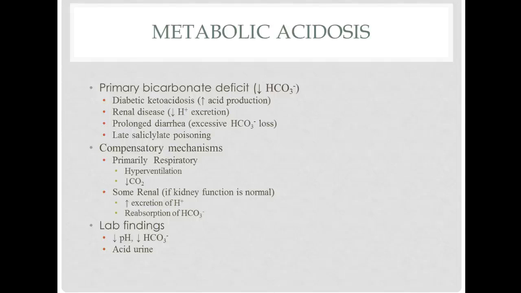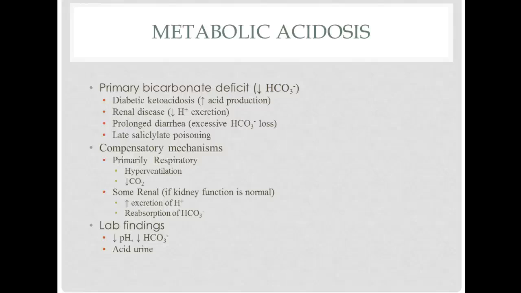So we're going to take a look at the different types of acidosis and alkalosis and what some of the causes are. A metabolic acidosis is a primary bicarbonate deficit. It can be caused by things like diabetic ketoacidosis, renal disease, prolonged diarrhea, as we just saw with Sally Sue, and salicylate poisoning, which would be taking a lot of aspirin.